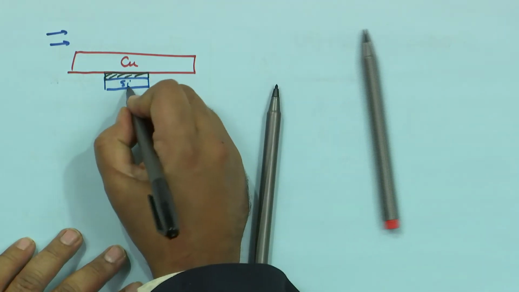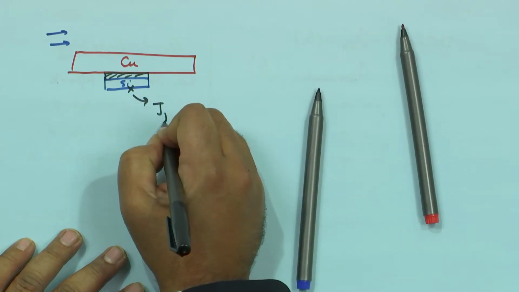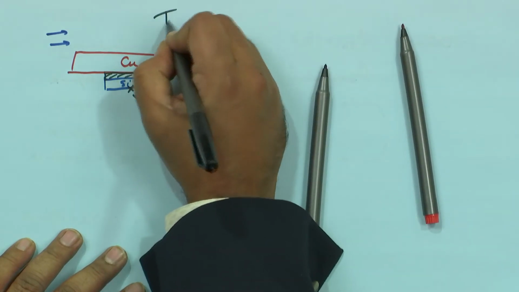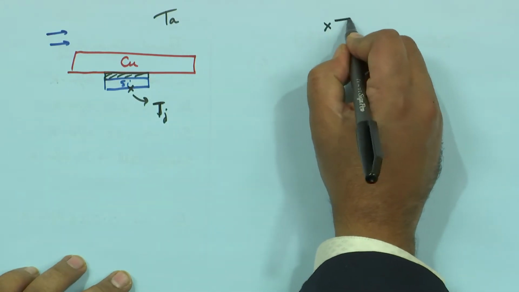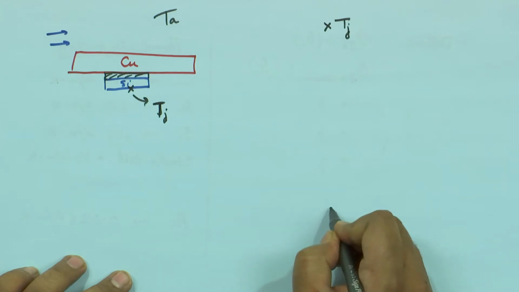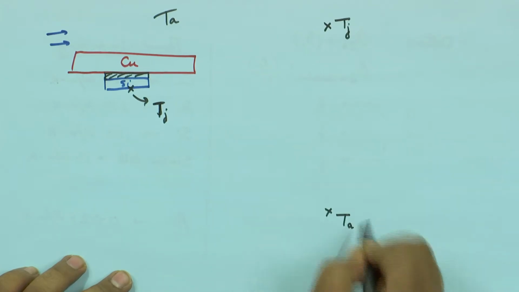This is my ambient temperature Ta. Let me write that: my hottest temperature is Tj, my coldest temperature is Ta.